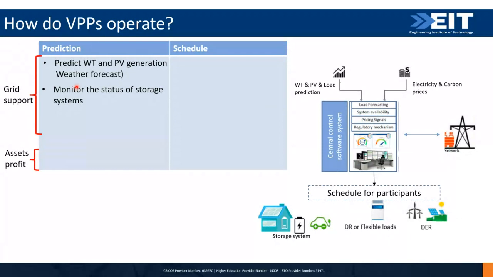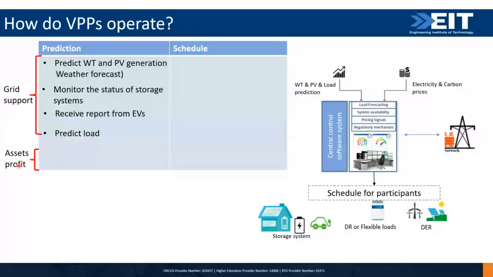And also the operator receives a report from the electrical vehicle owners to see how much power these electrical vehicles can give to the grid if needed. And also for each day, the VPP operator predicts the load behavior for each day in a year.